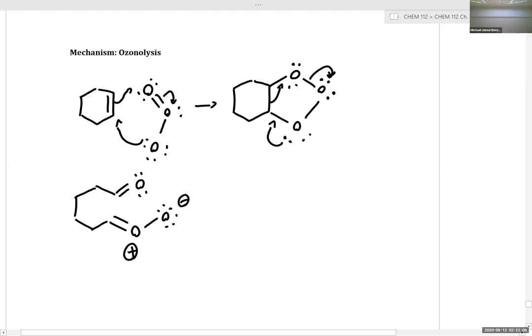Now that we have an electrophilic site and a nucleophilic site, let's think about this from the perspective of reactivity for a moment. So we have a relatively nucleophilic site adjacent to an electrophilic site, and we have this aldehyde-like functionality.